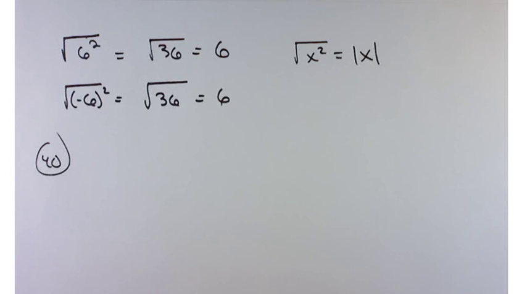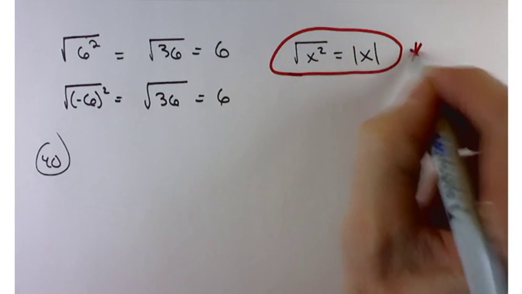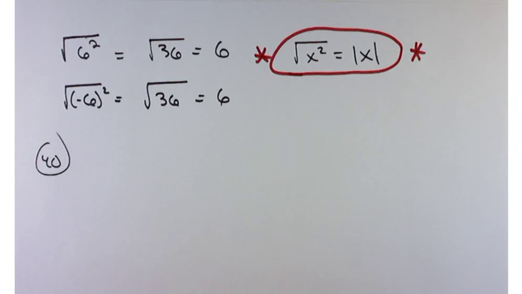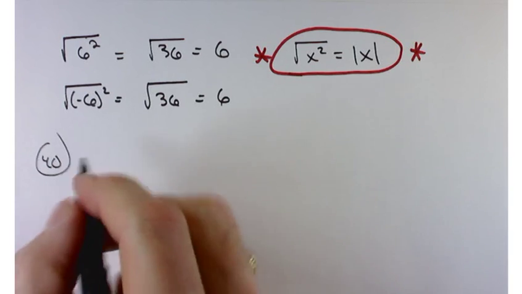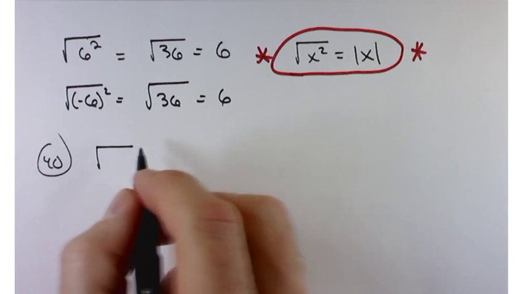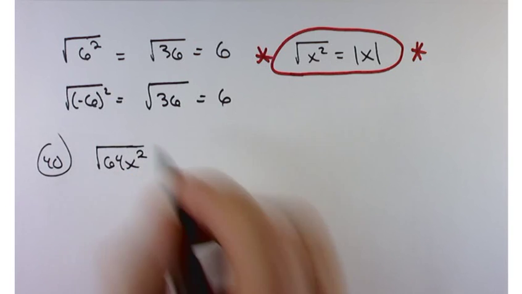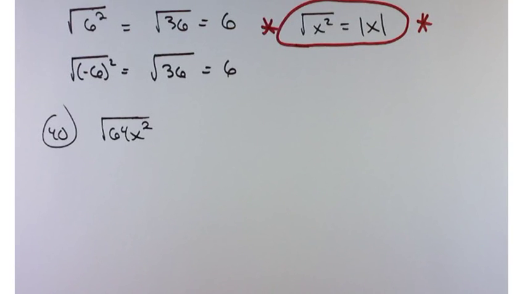Looking back at this one more time, this is the result that you should know. Problem 40 gives us a chance to apply this. Square root of 64x squared.